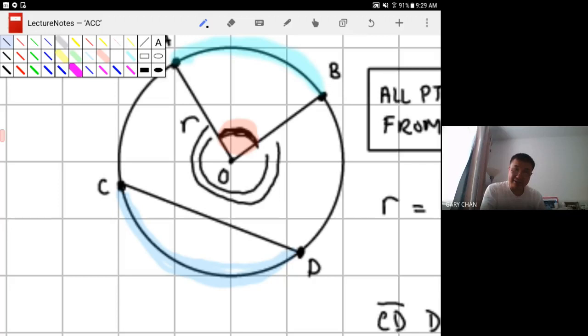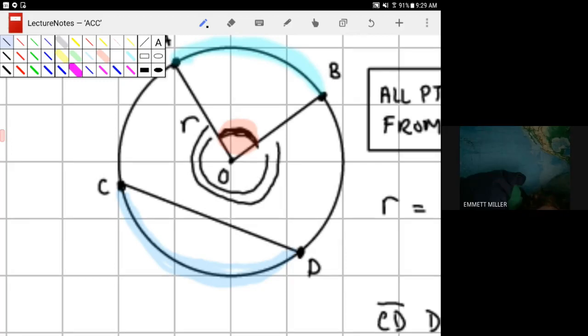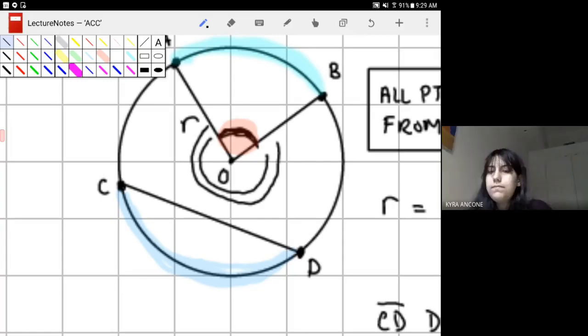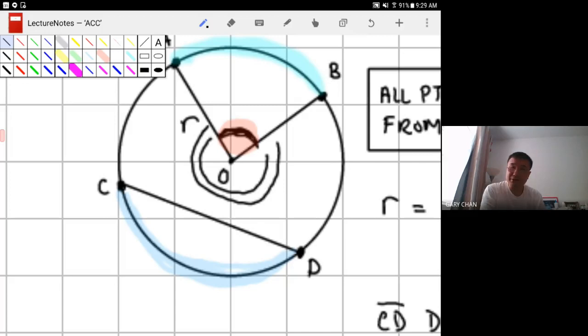Because it doesn't pass through the center, what can we conclude about arc CD? Is it going to be greater than 180, less than 180, or equal to 180? Less. Kira, do you agree? Yeah, I agree. It would be less. Okay. How do you know, Kira? Can you maybe articulate a little more?